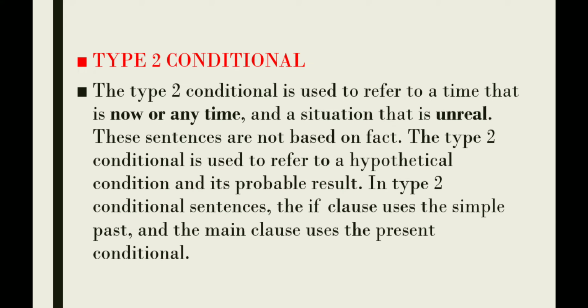Second conditional. The second conditional is used to refer to a hypothetical condition and its probable result. In second conditional sentences, the if clause uses a simple past tense and the main clause uses a present conditional.